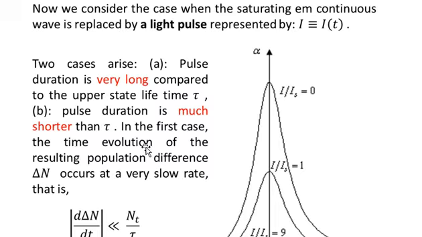In the first case, the time evolution of the resulting population difference delta n, that is n1 minus n2, occurs at a very slow rate, because the lifetime of the upper state level is very short in comparison with the pulse duration.